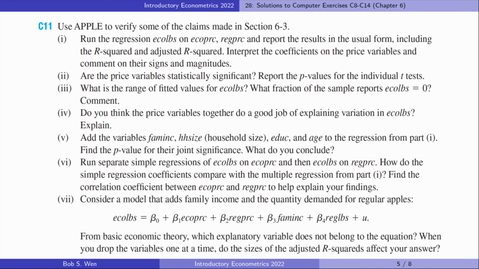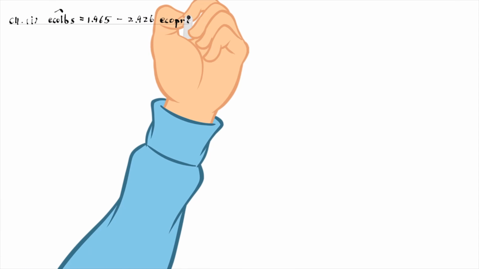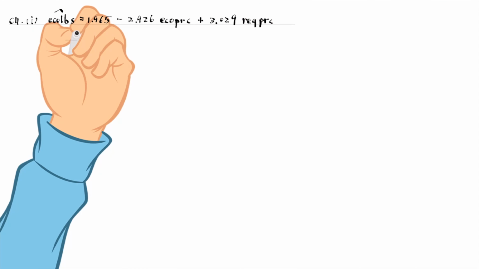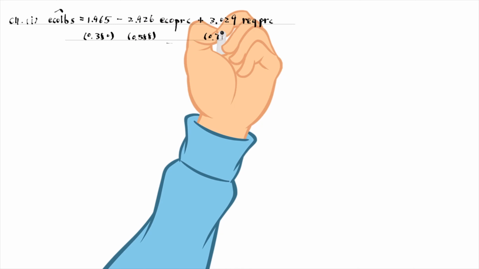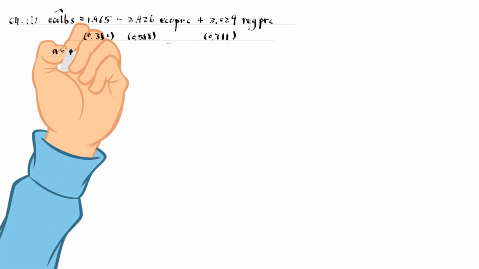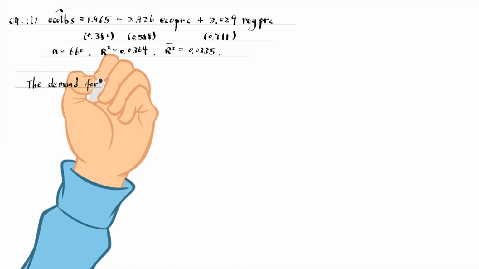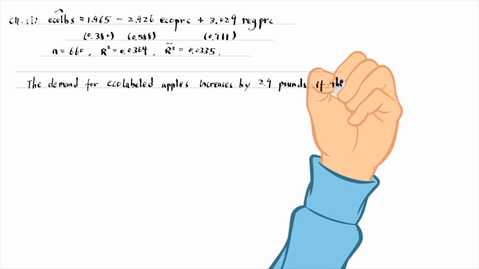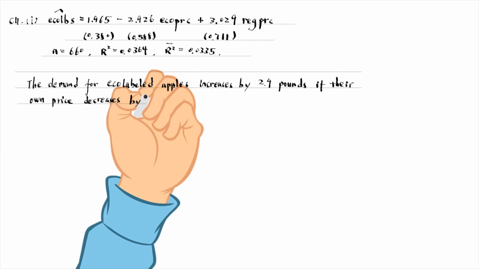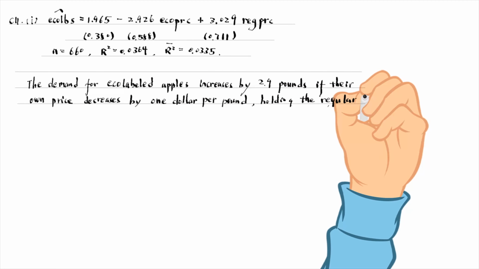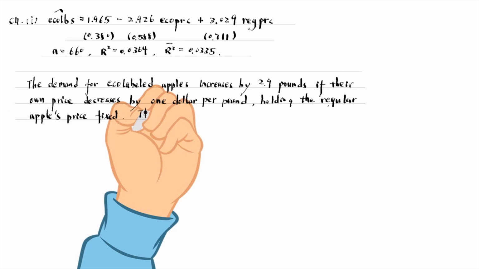Let's do computer exercise number 11. The estimated equation is as follows. The demand for eco-labeled apples increases by 2.9 pounds if their own price decreases by $1 per pound, holding the regular apple's price fixed.